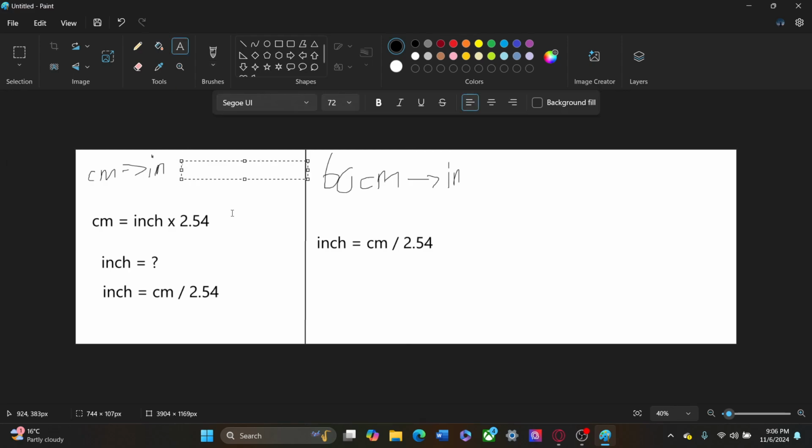I'll write it here just really quickly. Multiplication equals division. Division equals multiplication.